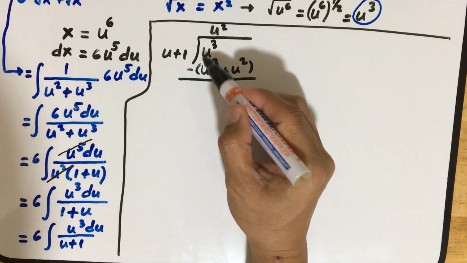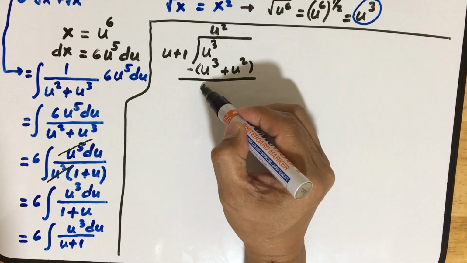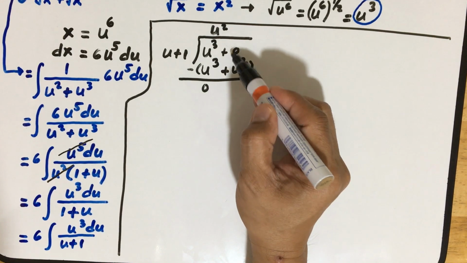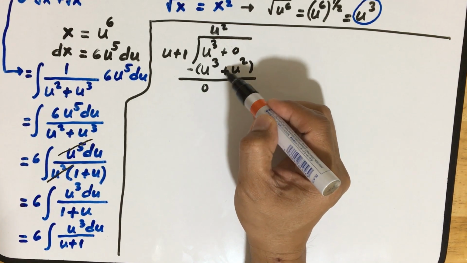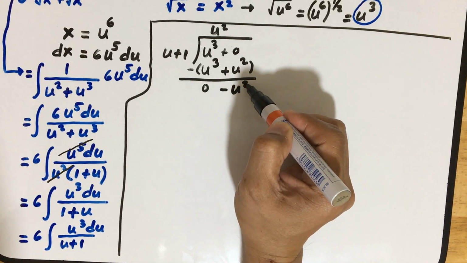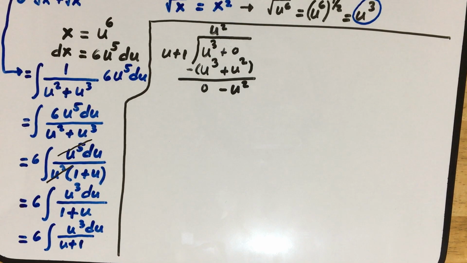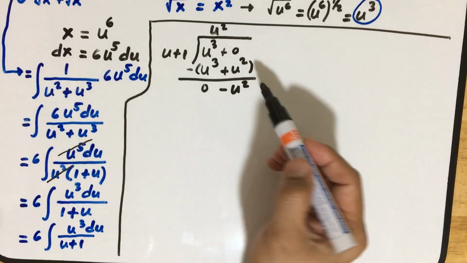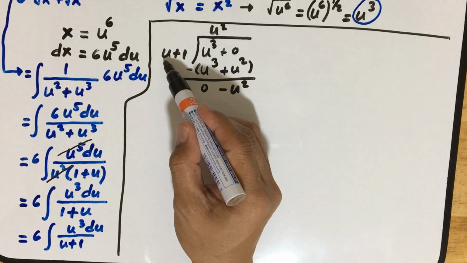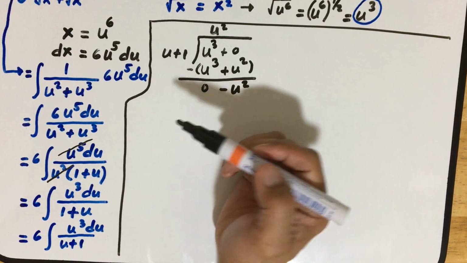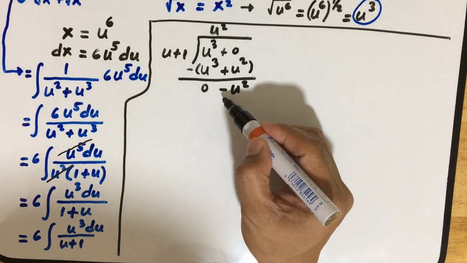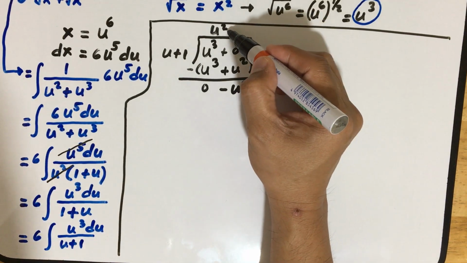So u cubed minus u cubed is 0, and this is understood to be 0 here. Then 0 minus positive u squared becomes minus u squared. Can we still divide this by our divisor? Yes, because the degree here is still higher than the degree of the divisor.